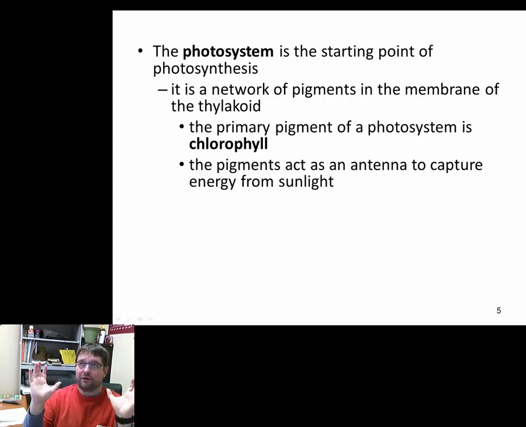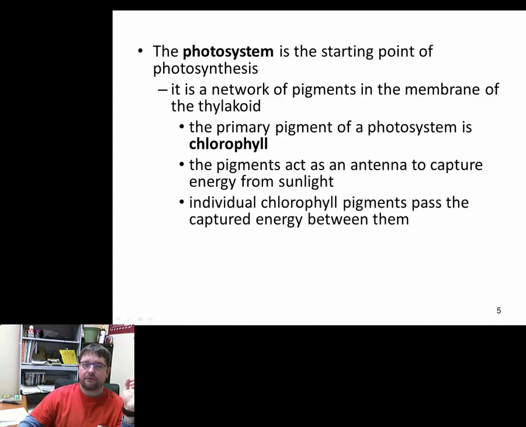It's out there catching photons, capturing them and passing the energy from one pigment molecule to the next. We call this resonant energy. That energy is passed around until it builds up enough to excite an electron, to make an electron be picked up by an electron carrier. We'll get to all this in just a little bit.